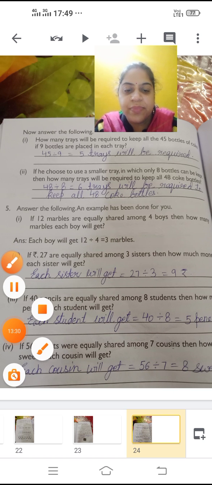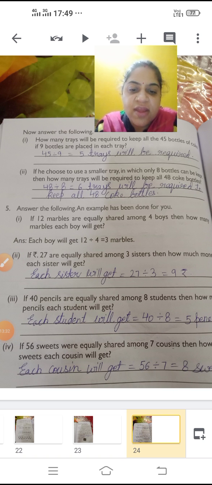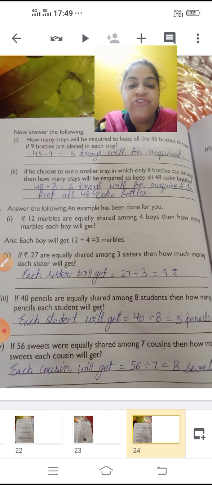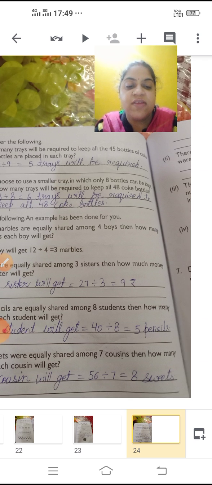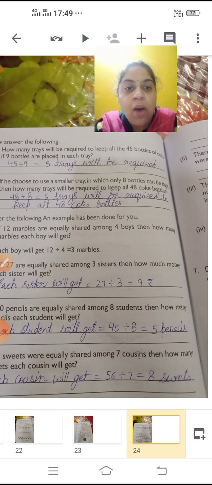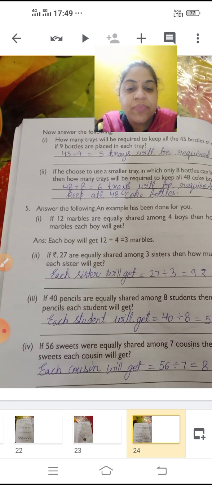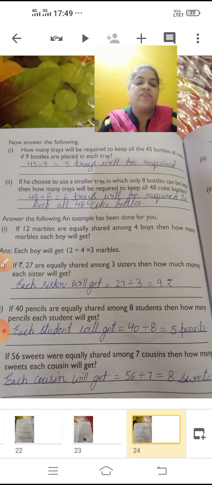Now come to the next. If 56 sweets were equally shared among 7 cousins, then how many sweets will each cousin get? The total number of sweets they have is 56.